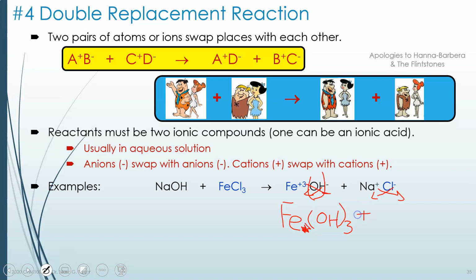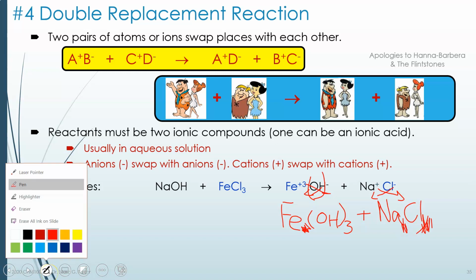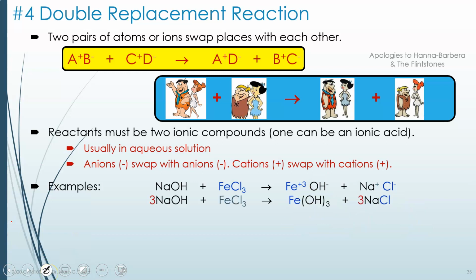And then your other product will be sodium 1, chlorine 1, and of course we don't write those numbers either. So our actual products will be Fe with 3 hydroxides and NaCl, and I'll just show you that written on the next line.